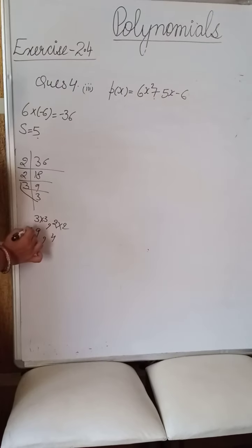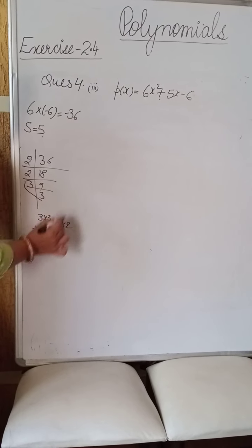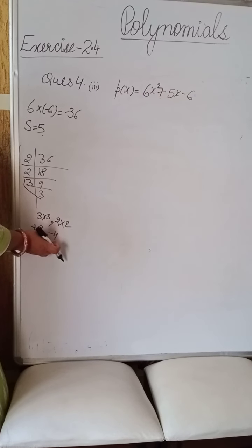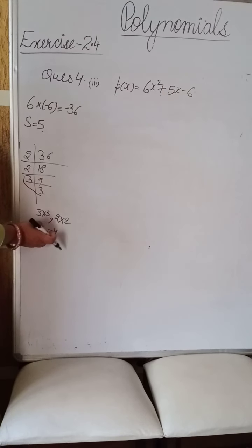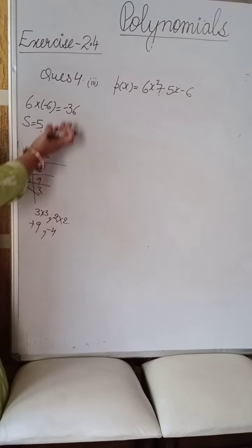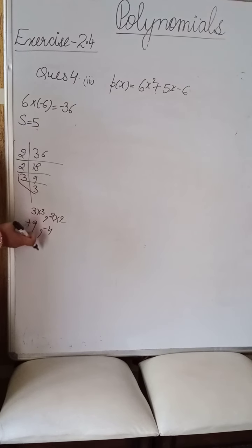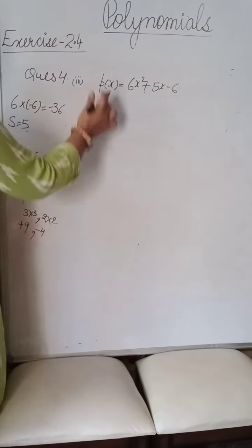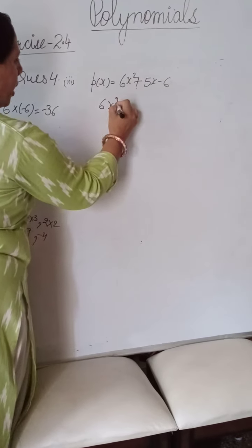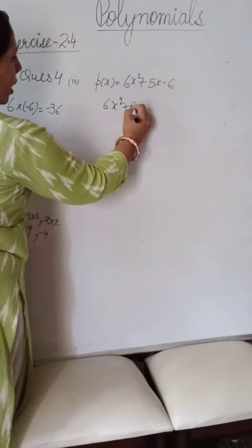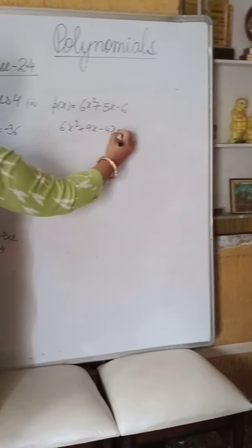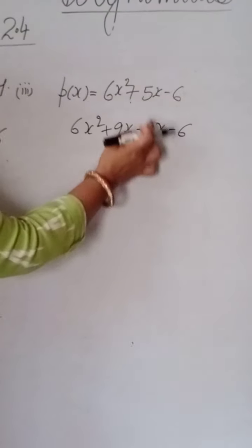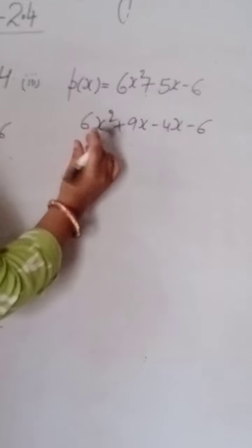So take the larger number plus and the smaller number minus, and you can see 9 into 4 is 36, plus and minus gives minus. So your product will be minus 36, and when you add these two terms you will get 5. So split the terms: 6x square plus 9x minus 4x minus 6. You can see from here also what you get, 5.